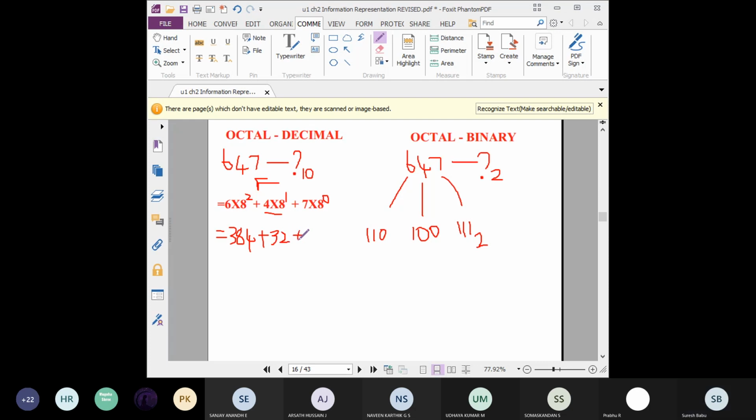Then 7 into 8 power 0. 8 power 0 means you will get 1. 1 into 7, 7. Okay, so then finally add all the answers. 384 plus 32 plus 7. So the answer is 423. This is the equivalent decimal value for 647 octal value.